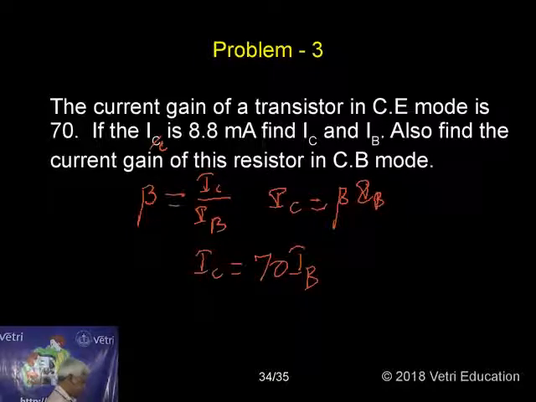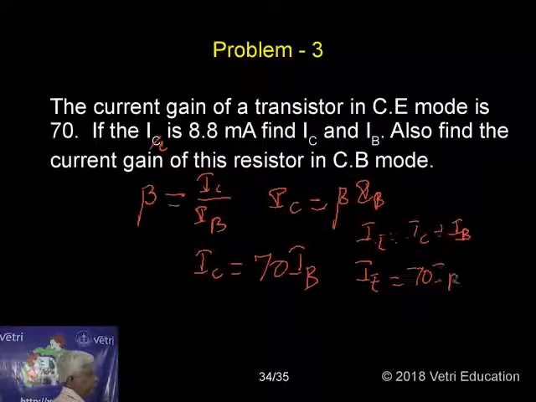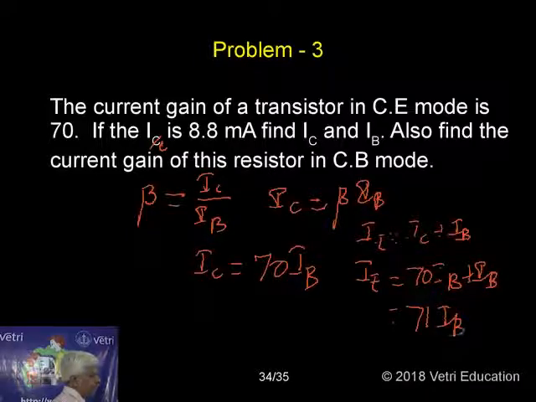70 into IB. We already know in the working of a transistor, by Kirchhoff's law, IE is equal to IC plus IB. Therefore IE is equal to 70 IB plus IB, that is 71 IB.